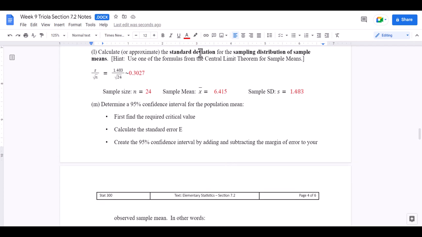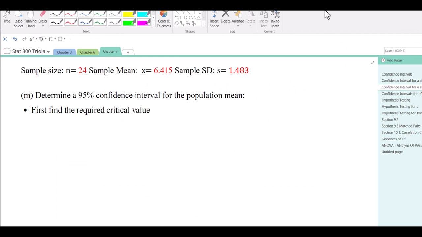All right, so let's go do that. I'm going to bring you to my notebook. First we want to find our required critical value. We have a 95% confidence interval. So 95% confidence, what does that mean? We want to find our alpha. Alpha is going to be 1 minus 0.95.